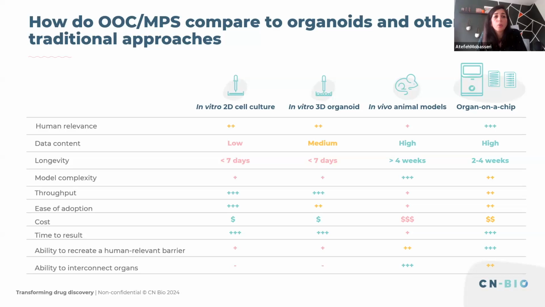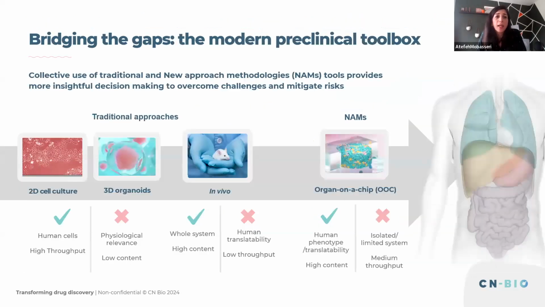And also we can look at, to some extent, complex models, and the throughput is medium. So we believe that organ-on-a-chip technology can bridge the gap. It can overcome the limitations of some of the traditional approaches, and also it can give us another method to investigate and include in our toolbox.